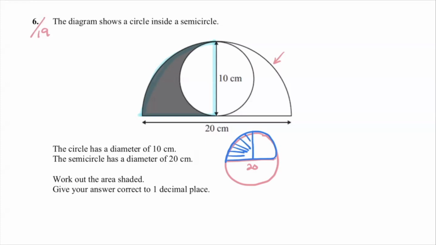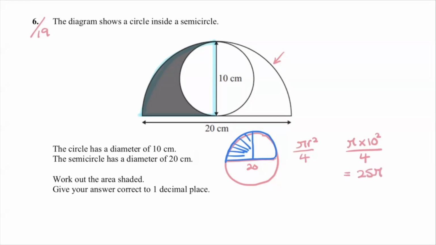So I am going to be doing pi r squared, which gives me the area of a full circle, but I'm going to divide it by 4 because I only want a quarter of it. Now I need to be careful. I've got the diameter, not the radius here. So I need to half that. So I've got pi times 10 squared divided by 4. And that gives me 25 pi.